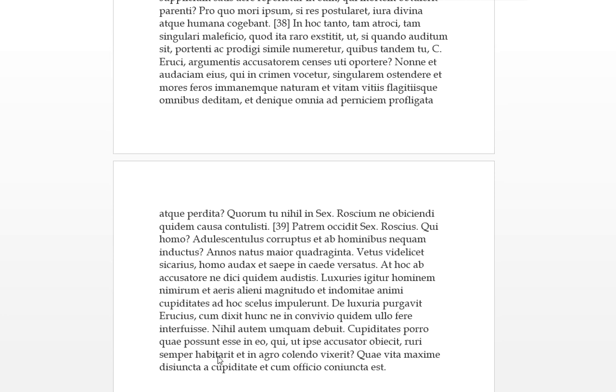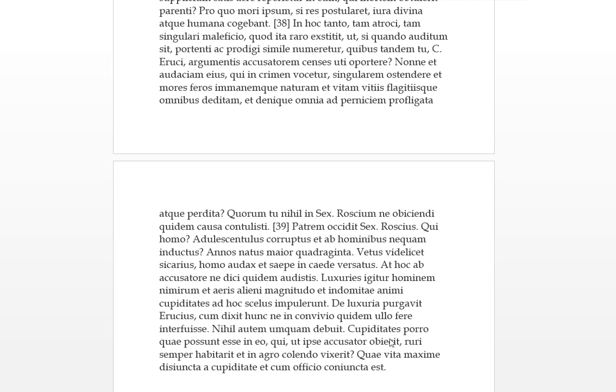He always was living or habitating in the countryside. So how are these, furthermore, how are these luxuries able to be possible in him who, as the accuser has said, has always lived in the countryside, and he vixerat, and he lived in agro colendo, in agriculture, cultivating fields.